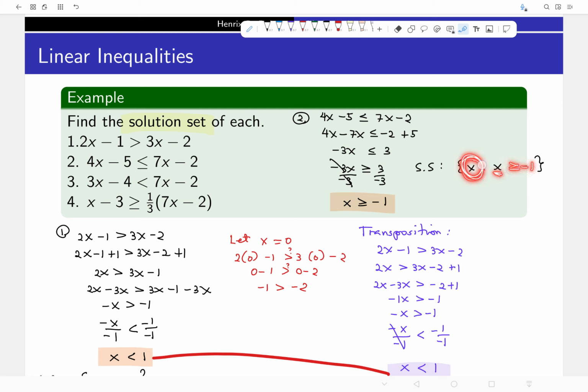There are many values of x that you can substitute in our inequality. Now again, as similar to example number 1, you can try any value. So let's try any value that is greater than or equal to negative 1. Let's say I will choose x to be 1.